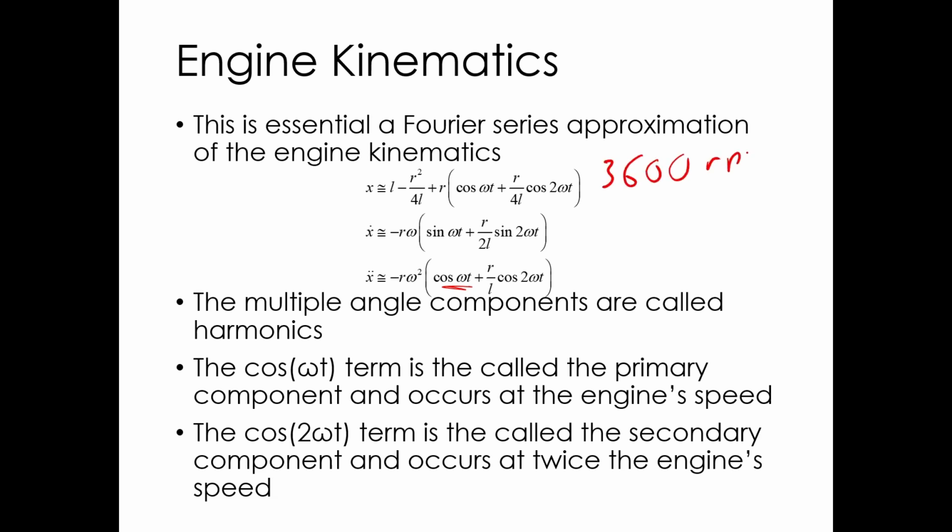Revolutions per minute, divided by 60, gives 60 revolutions per second, or 60 hertz. So the engine's going to be shaking at 60 hertz. But there's also going to be a component of vibration at twice that frequency, at 120 hertz.